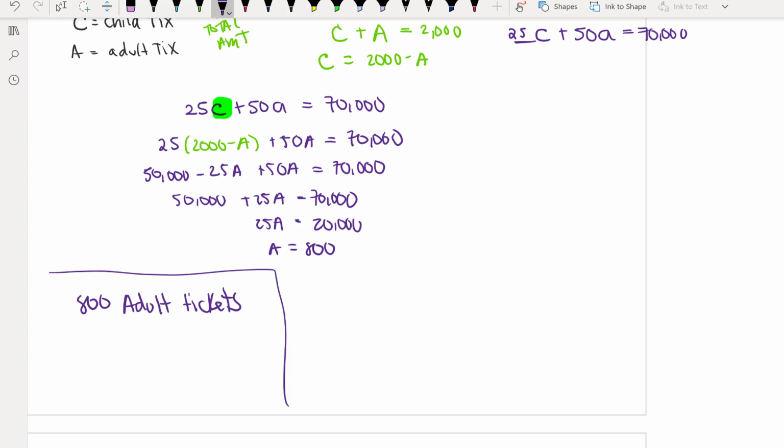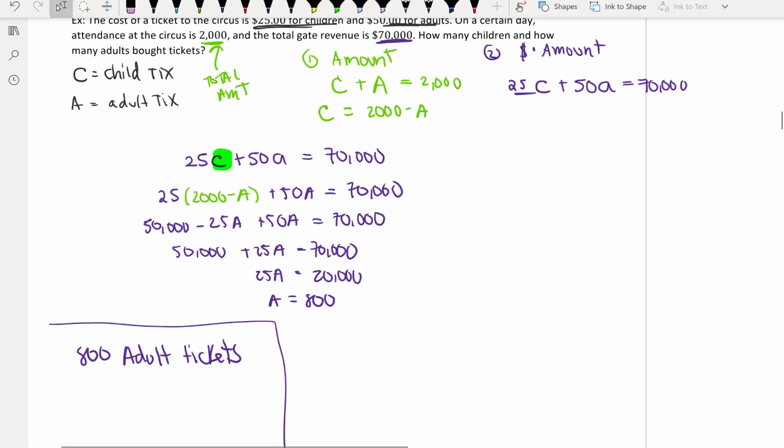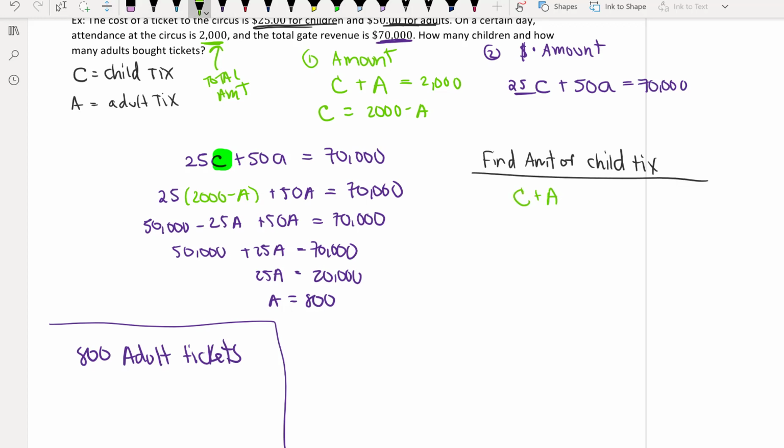But I am not done. I also need the amount of my children's tickets. So we are going to figure out the amount of children's tickets. The equation that I had before is C plus A is equal to 2,000.